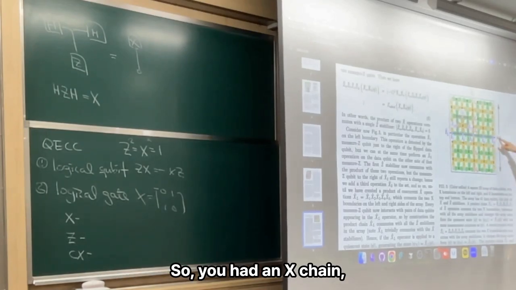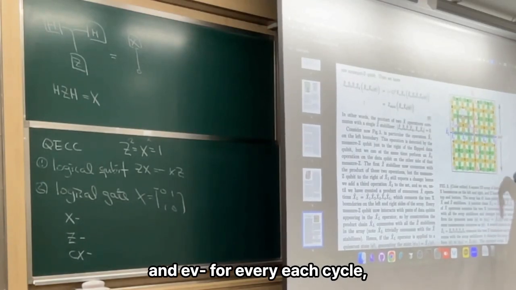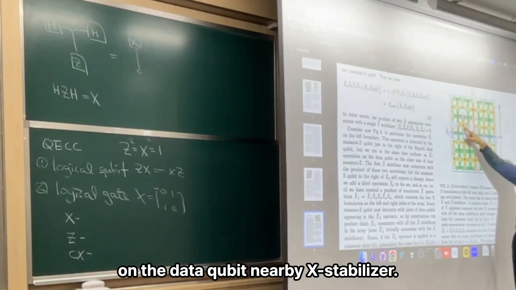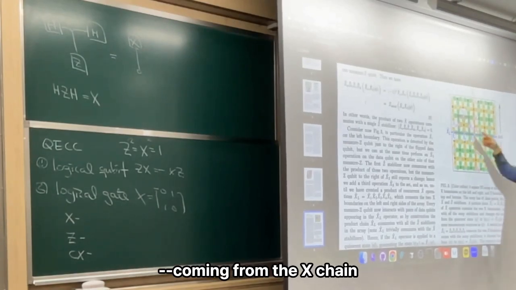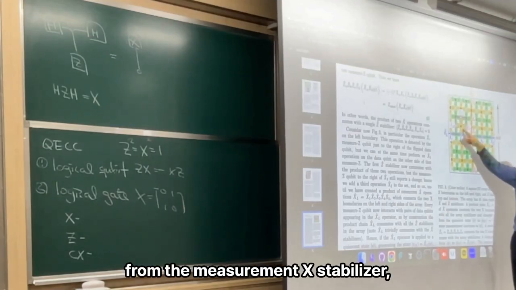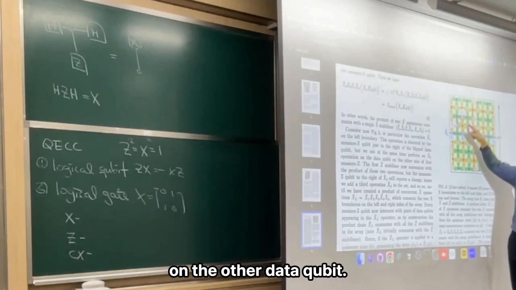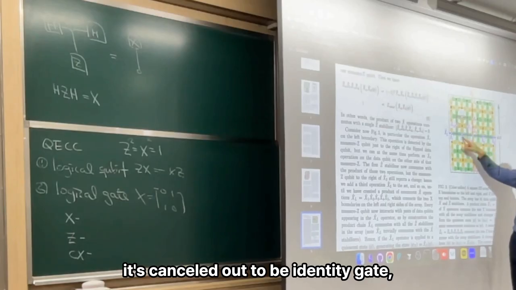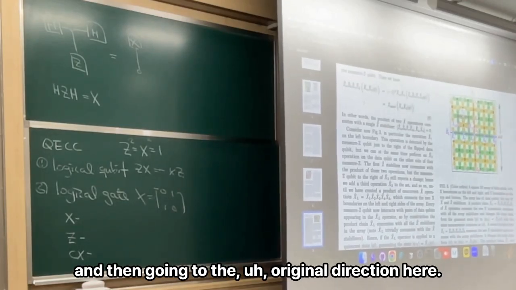So you had an X chain, so an X gate has been applied to all these data qubits, and every cycle you activate this X stabilizer, applying X gates on the data qubits nearby. So on this data qubit you had an X gate coming from the X chain and an X gate coming from the measurement of the X stabilizer, so it cancels out, and then you get other X gates on the other data qubits. So overall, what is left is that here it's canceled out to be the identity gate, and then X gate, X gate, X gate, X gate, going in the original direction here.